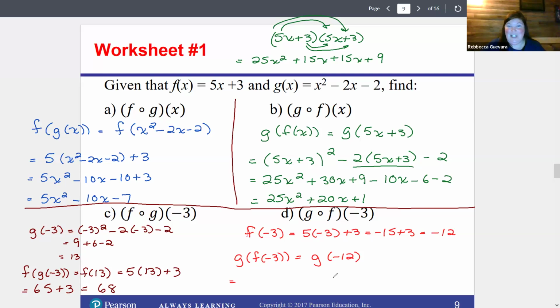I need to look at g. g was negative 12 squared minus 2 times negative 12 minus 2. So that is going to leave me with 144 plus 24 minus 2, or let me see, 166.